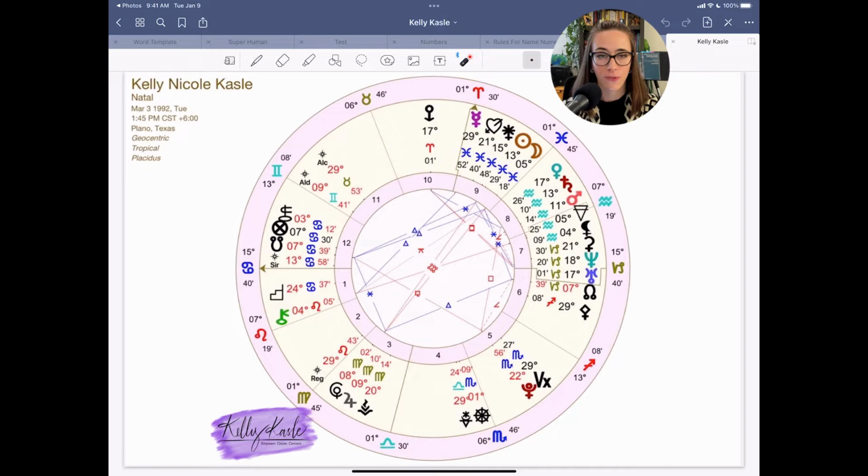We start with our first big three: the sun, the moon, and our rising sign. Most of what you hear out in mainstream media, or if you're looking up your daily horoscopes, is going to be a sun sign horoscope.